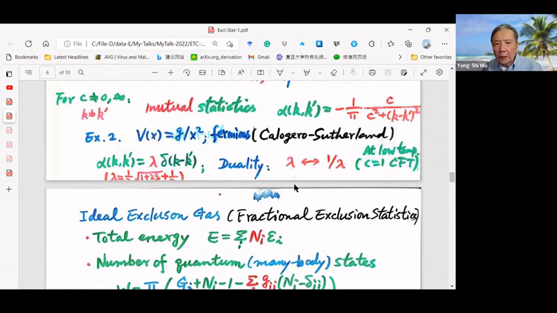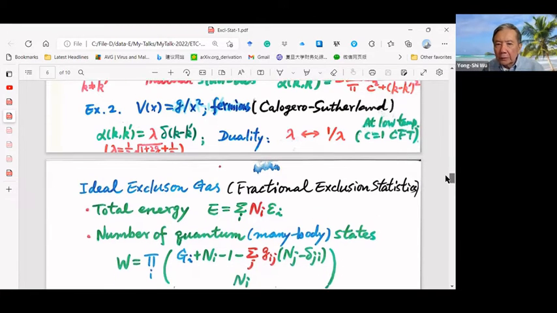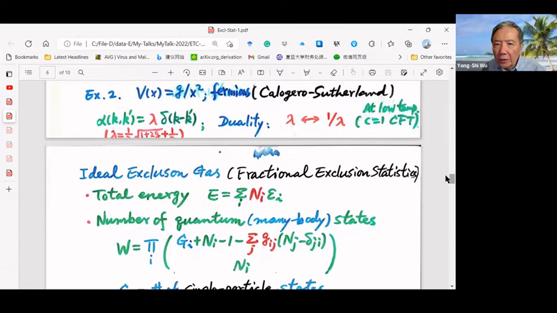Therefore, we can conclude the Calogero-Sutherland model actually is a model for excitations being exclusion, and the exclusion statistics lambda is determined by the coupling constant in the long-range interaction term.